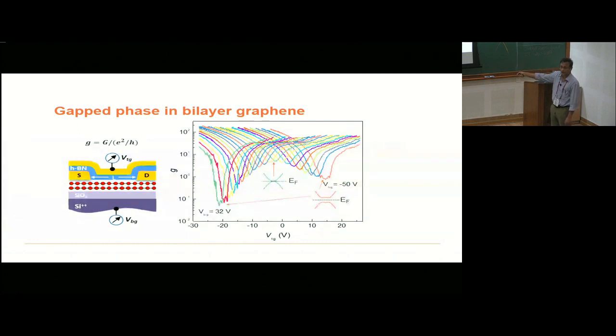Similarly on this side, because the back gate is kept at 32 volts, you need a negative voltage on the top gate to attain the charge neutrality point. As a result, the electric field is large, which opens a band gap, leading to a very small electrical conductance at the charge neutrality points here.